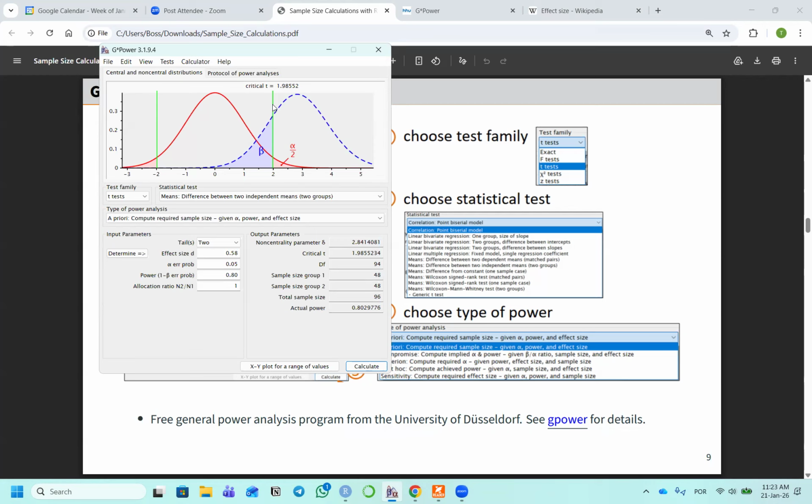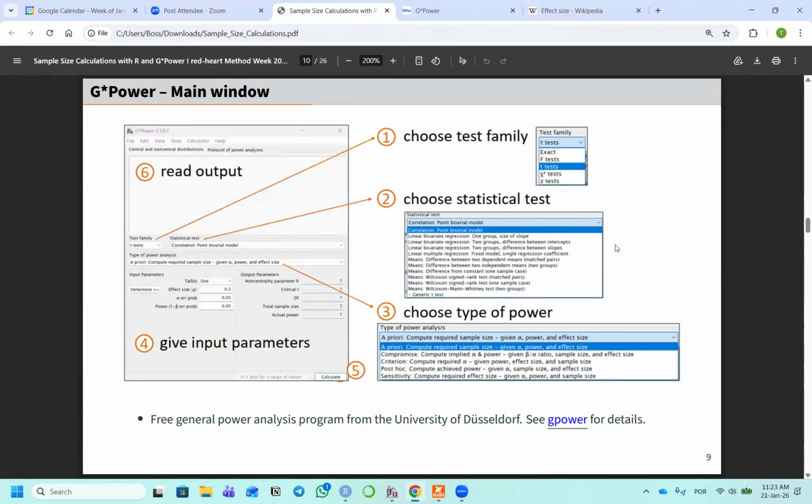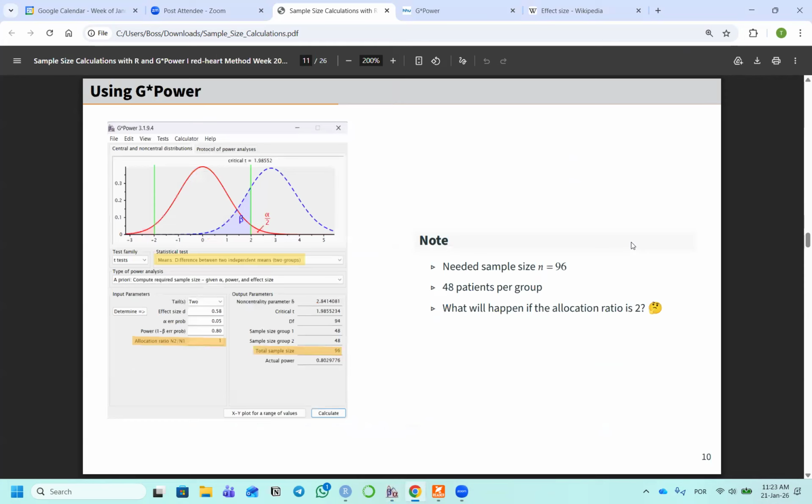And this is the way we can approach using GPower. So here is my explanation, what I already showed you. At home, you can simply exercise on your own. But one question I do have here is that if I change the allocation ratio N2 over N1 to 2, for instance, what would happen?